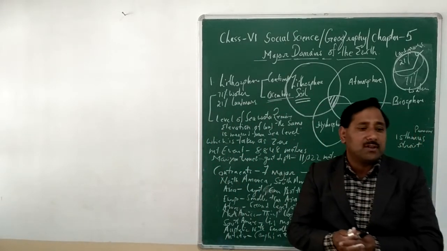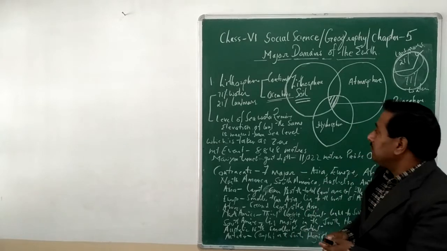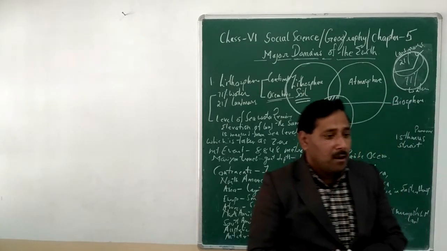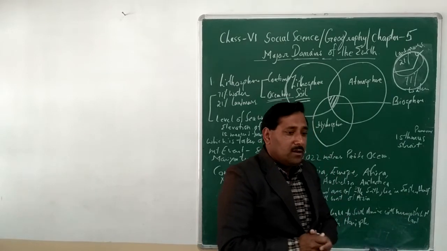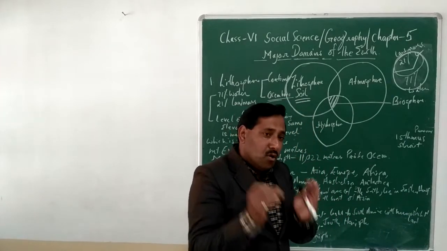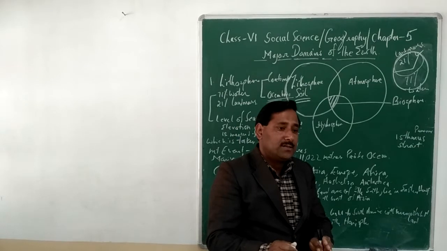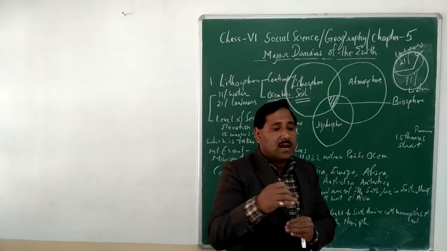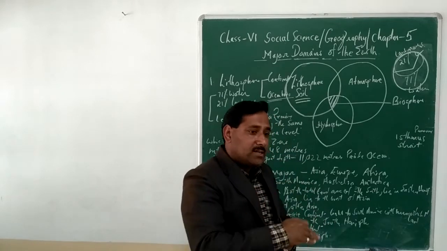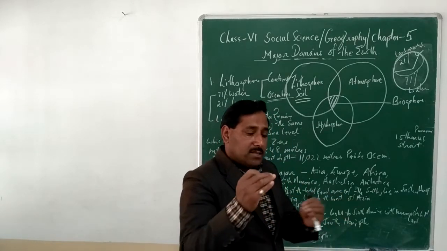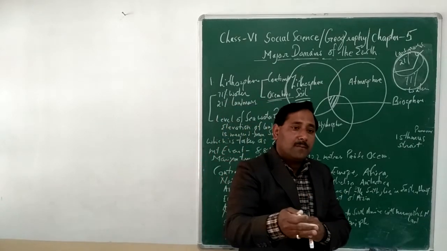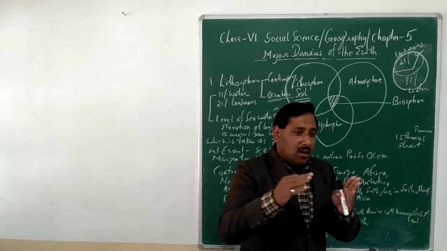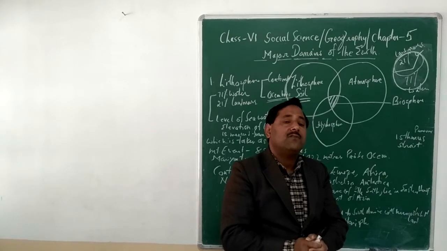Now, all the oceans of the world are connected with one another. I will be showing you with the help of a map also. We'll learn more about these continents, how the water bodies are interlinked, how the continents separate from each other, and the level of seawater.